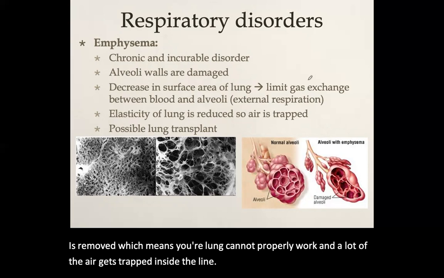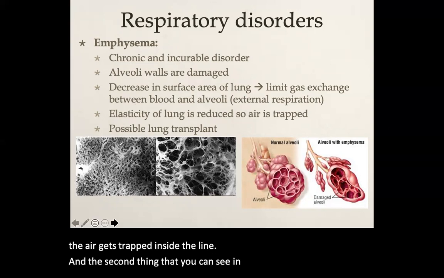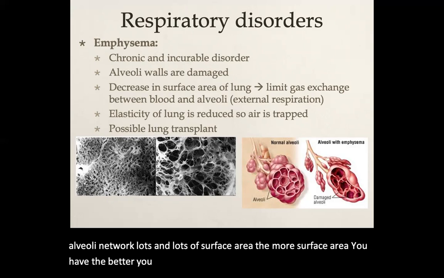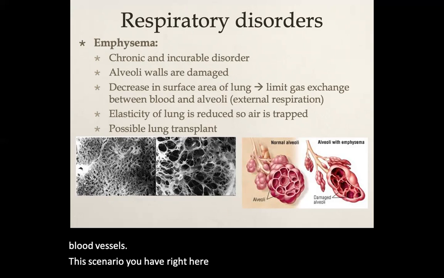And the second thing, as you can see in the picture, here is the healthy alveoli network, lots and lots of surface area. The more surface area you have, the better you can exchange gas between your alveoli and your blood vessels. The scenario you have right here is a person with emphysema.